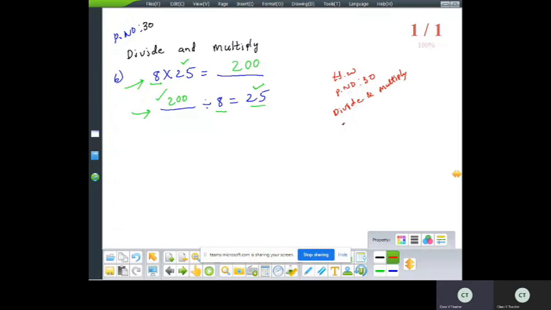Problems are C, D, E, F, G and H. These are depending on A and B from divide and multiply. That is page number 30.